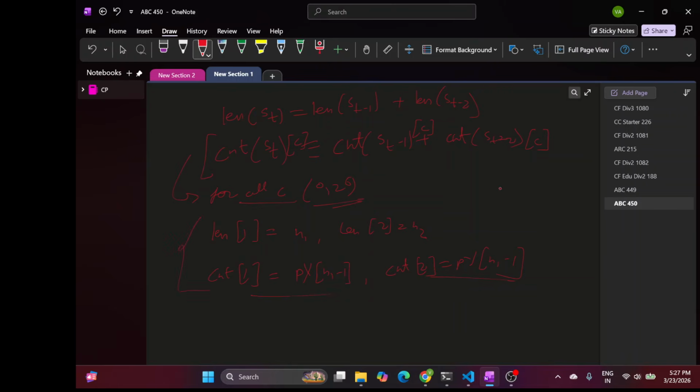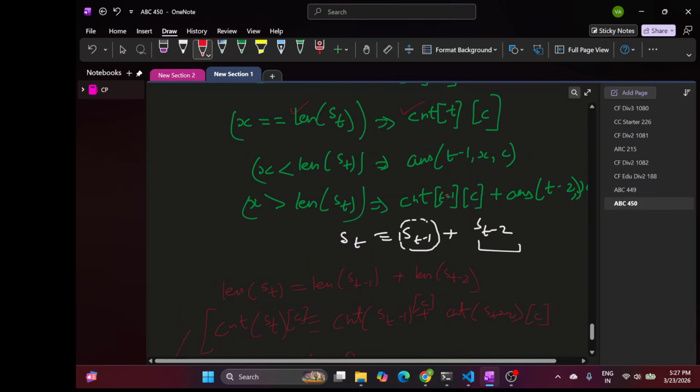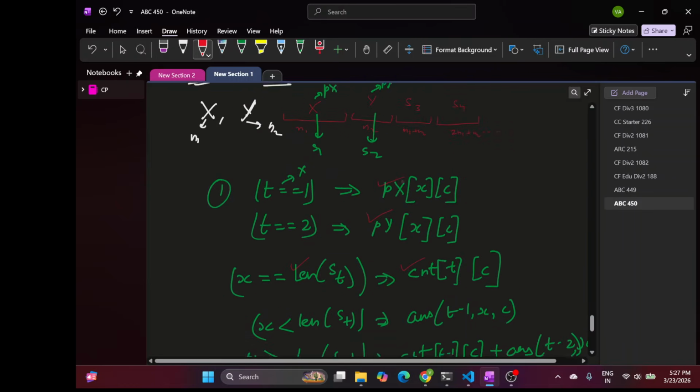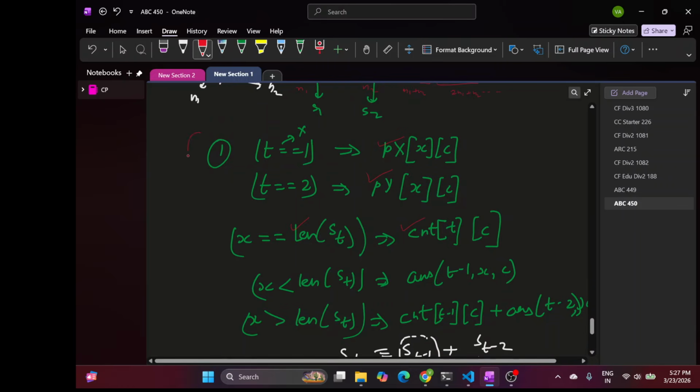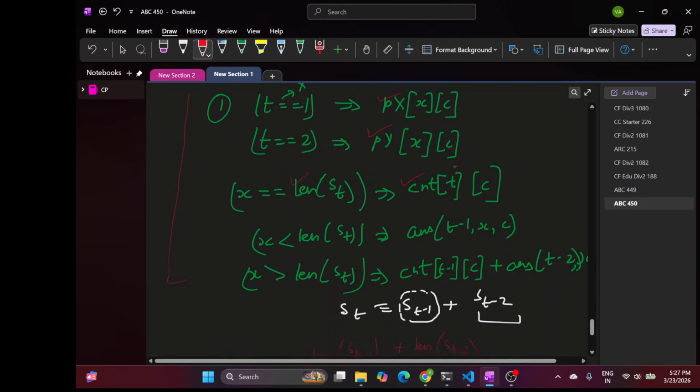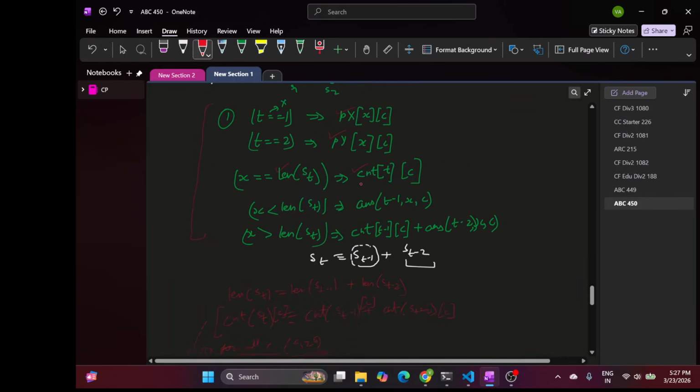So with this information, can we easily determine what it will be? And this is basically recursion, right? So yeah, let's check the code.